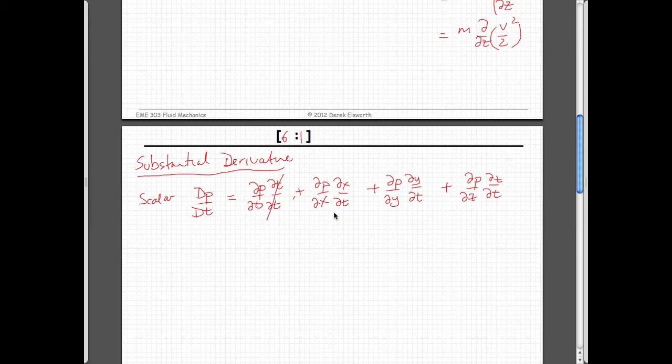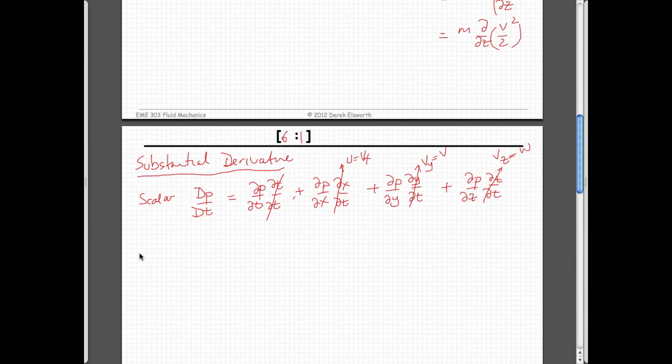This is going to be change in x with time. In the book they call this the velocity u, which we call vx, I guess, depending on your terminology. This would be the velocity in y, which they call v, and this would be the velocity in z, vz, which in the book they call w. And so those are what substantial derivatives are.